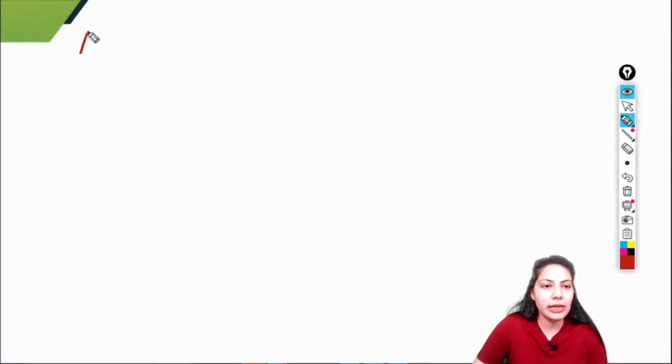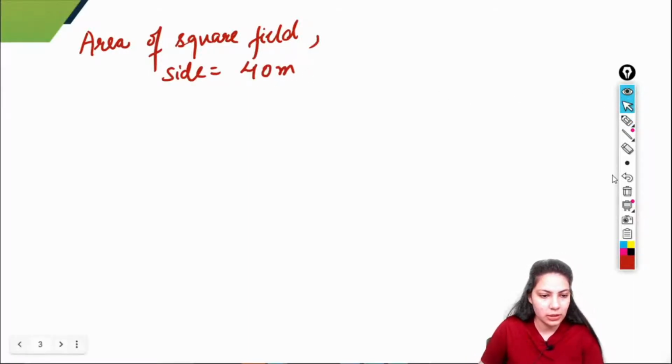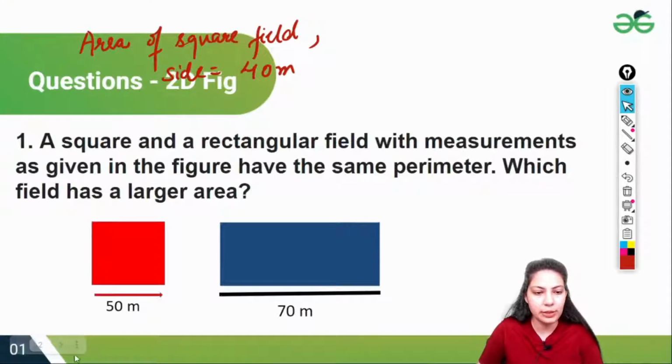Now let's calculate the area of the square field first. We were given the side as 50 meter.